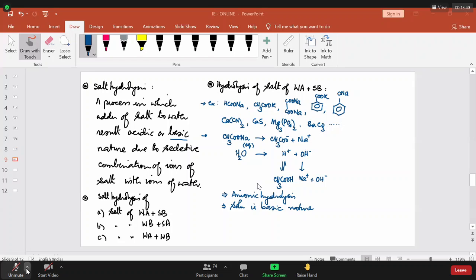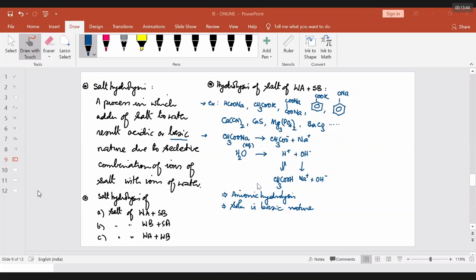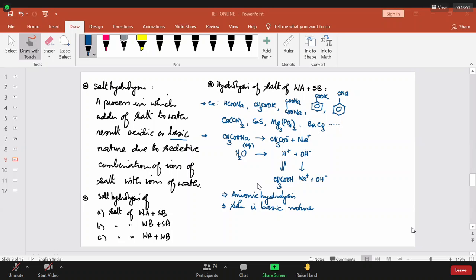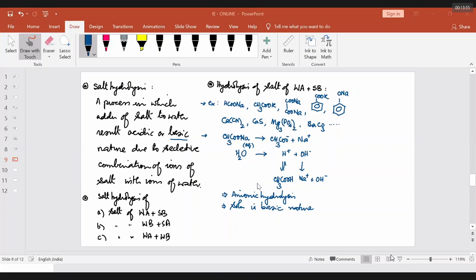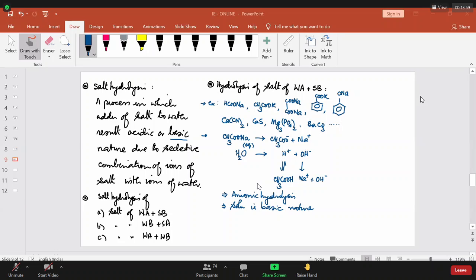Therefore, if you have a weak acid, anionic hydrolysis. If you have a weak base, cationic hydrolysis. If you have both a weak acid and a weak base, hydrolysis of both, because basically hydrolysis is the property of weak electrolytes. Hydrolysis is not the property of strong electrolytes.